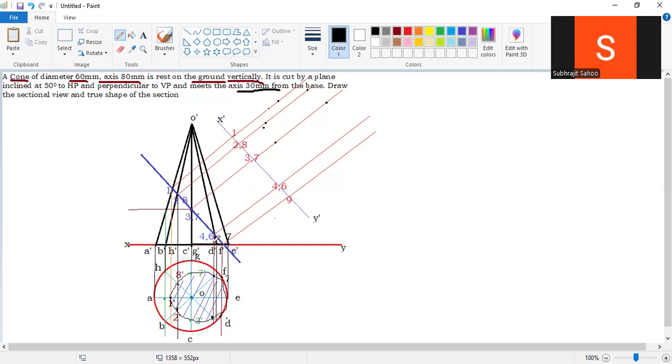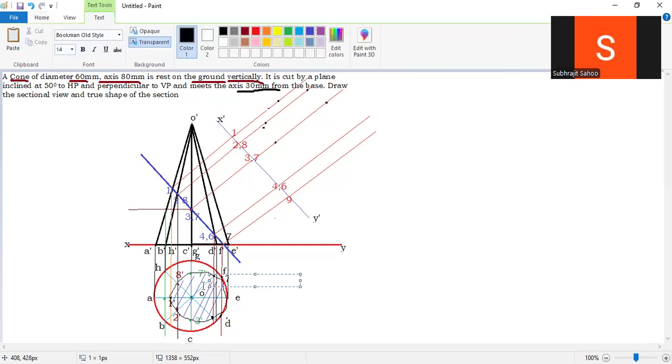Next, sir, from this reference line, here are 4 dash and 6 dash. Naming is not given? This is a 4 dash. This is actually 6 dash. I forgot the naming, I think. This is 6 dash, and this one is 4 dash.